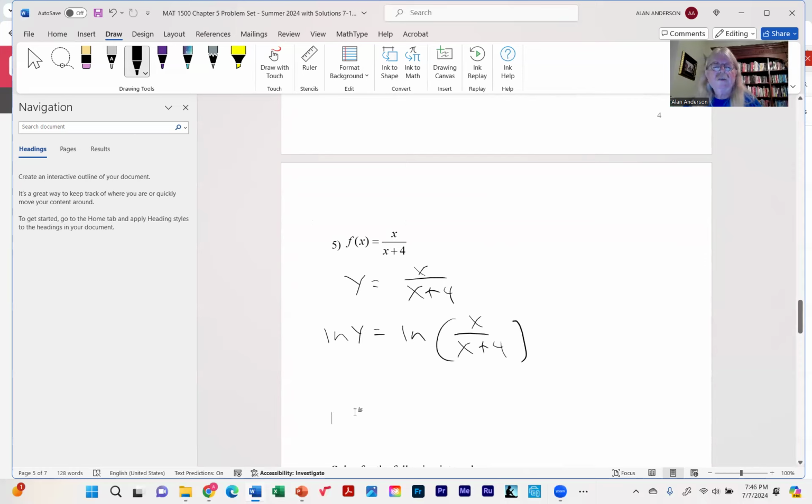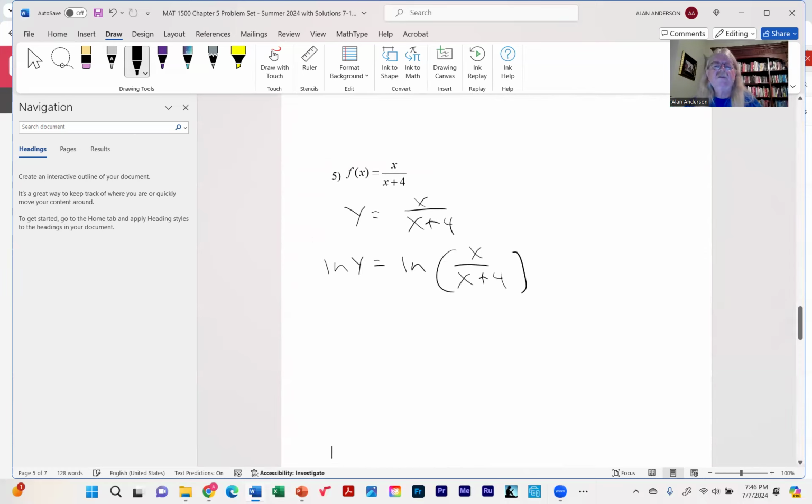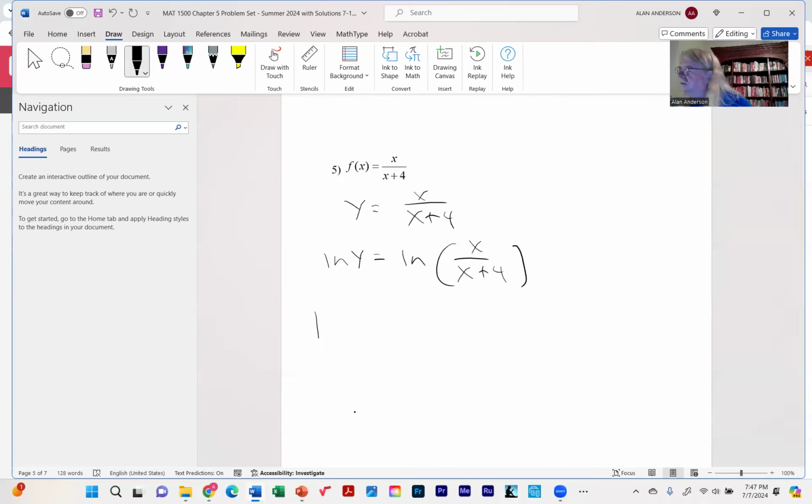And of course, right off the bat, you can see that we can simplify this a little bit. We can differentiate each one individually. Now this one, this is g of x. G prime of x in this case happens to be 1.